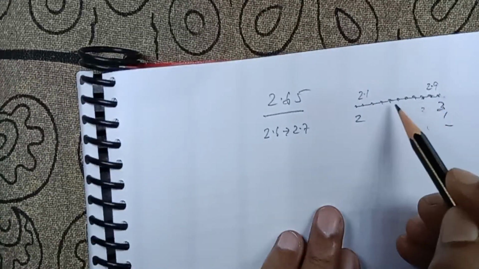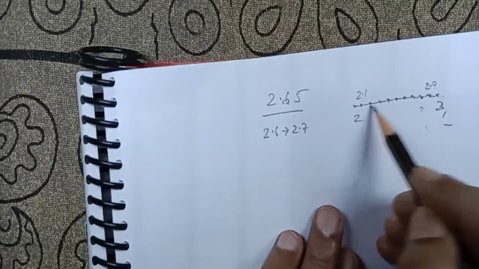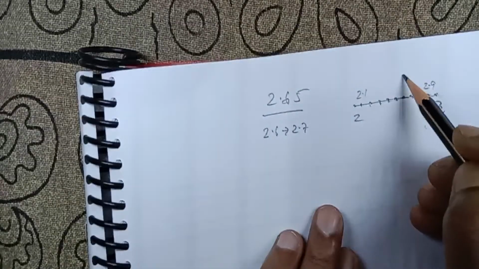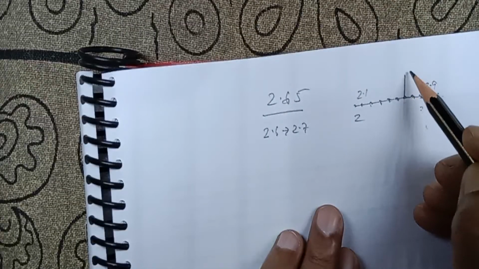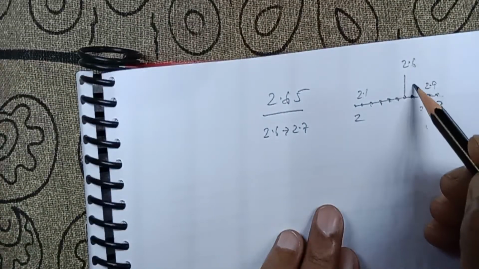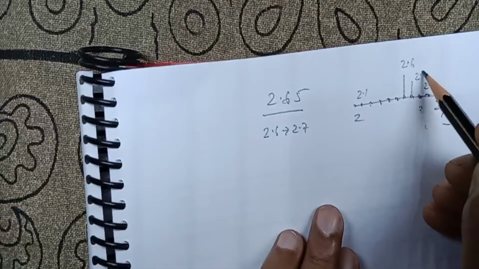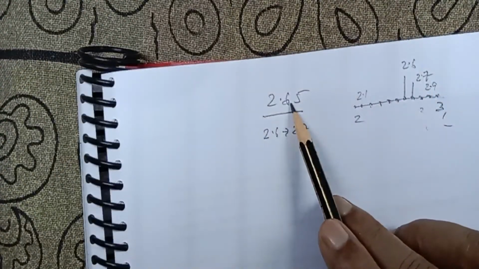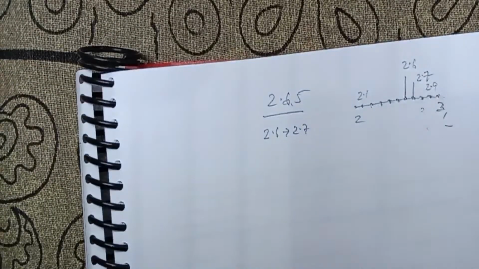This will be 1, 2, 3, 4, 5, 6: 2.6, and this will be 2.7. So 2.65 lies in between 2.6 and 2.7.